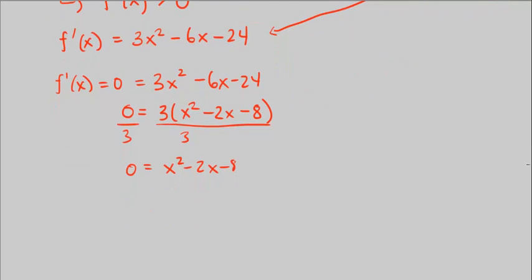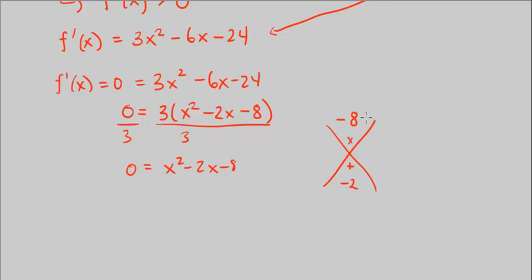Now is where we can factor this, or we can use the quadratic formula, with a being 1, b being negative 2, and c being negative 8. But let's go ahead and factor it. I'm going to use the x method. We want numbers that multiply together to get negative 8, and add together to get negative 2.